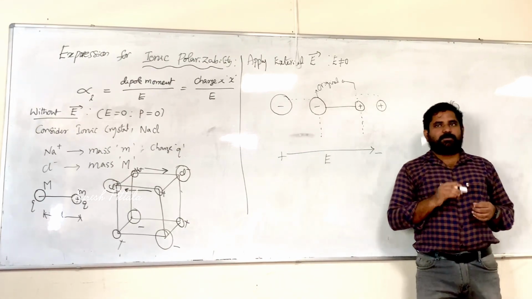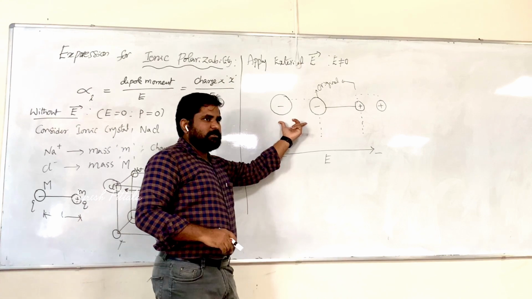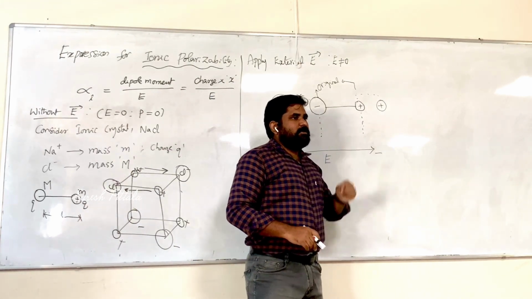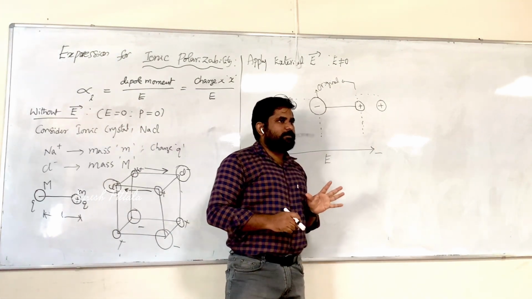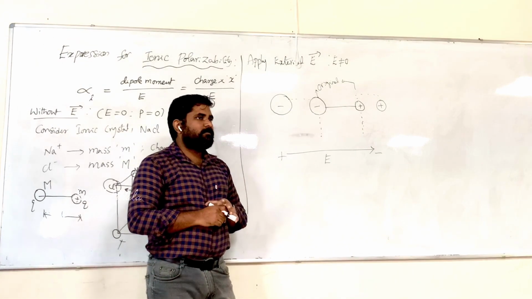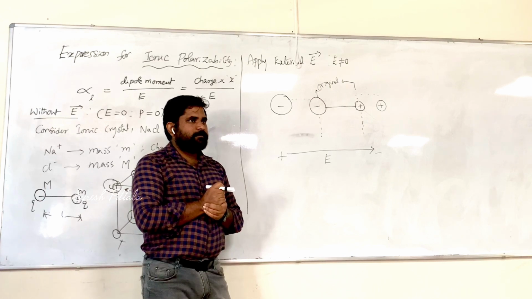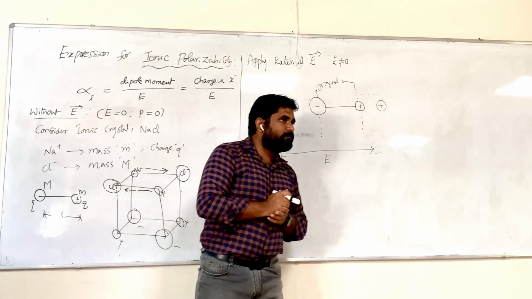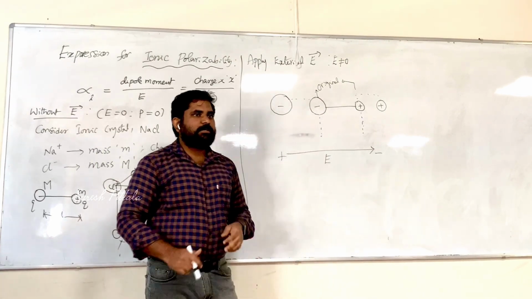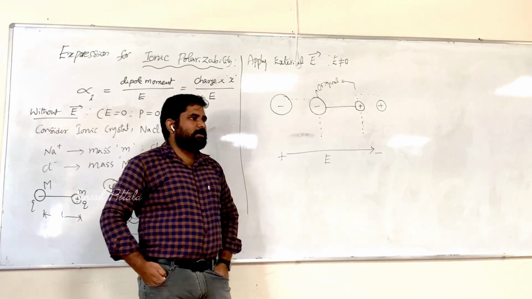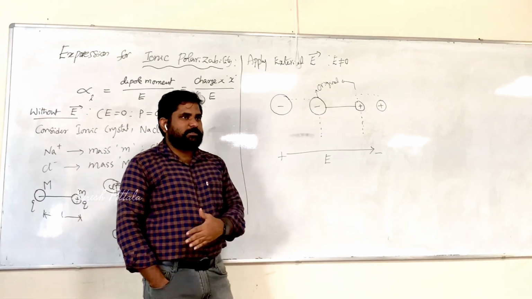Now let me ask one more question. The negative ion moved a certain distance, and the positive ion also moved a certain distance. Is the distance the same for both of them? Yes or no? If it is no, why? You need to think and tell me. Today you need to answer, I will not teach you. You said no, which means they don't move the same distance.